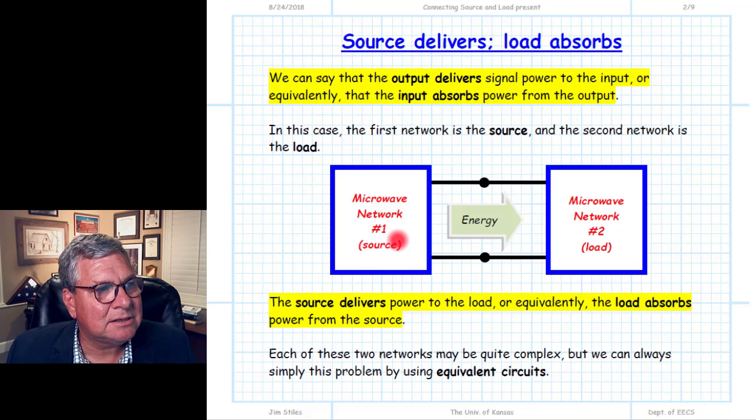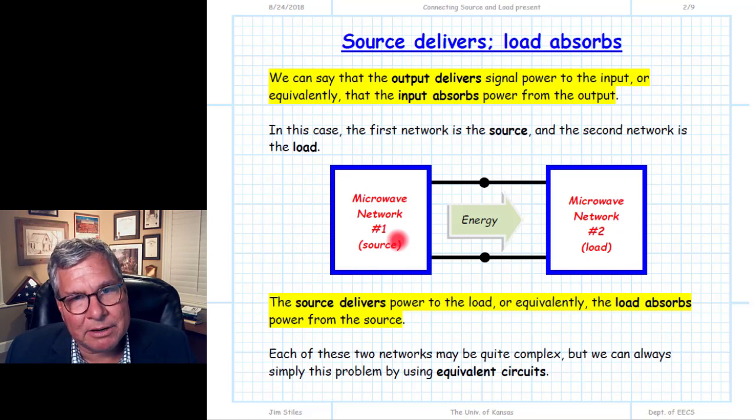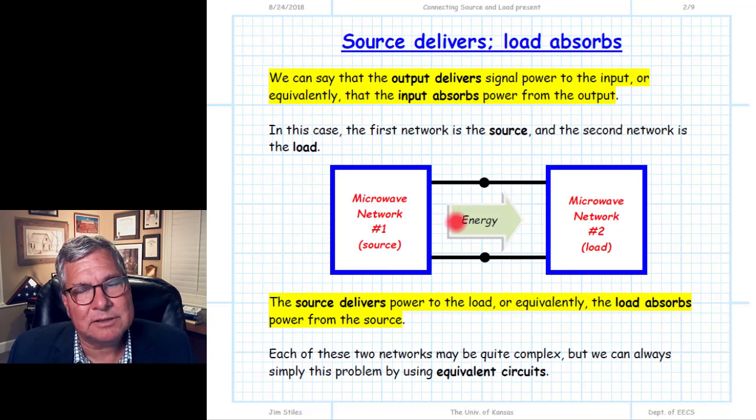Then this device from which the energy is coming, we call that the source, and that's why we say its port is the output. It is the port that is outputting energy. And then the other device, where the energy is flowing into, we call that the load. And that's why the port is called the input port. The energy is flowing into that port.